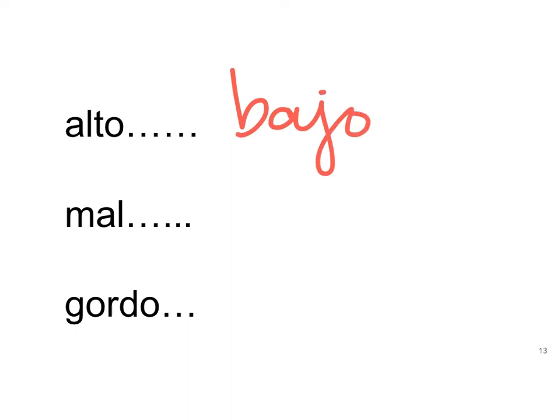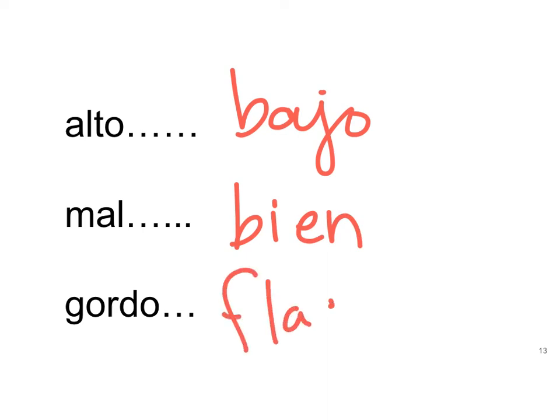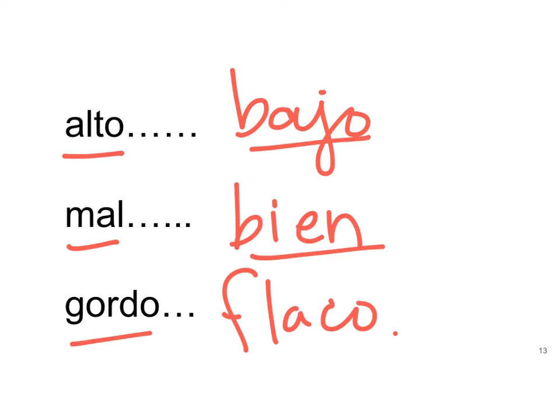The opposite of mal is bien, as in well. And the opposite of gordo is flaco. So we have alto for tall, bajo for short, mal for bad, bien for well, gordo for fat, y flaco for thin or skinny.